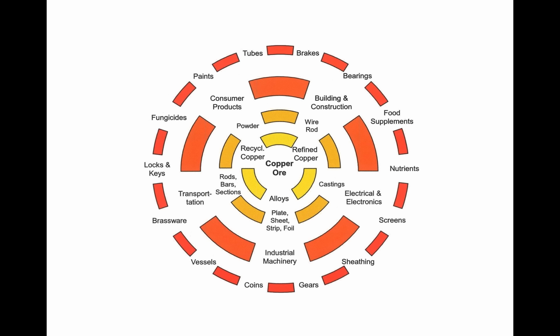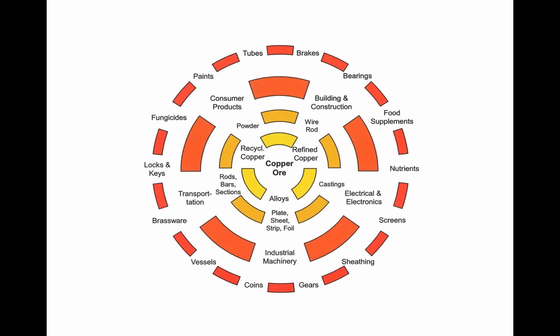Well, let's look at it a little further. The copper also goes into paints, tubes, brakes, bearings, food supplements, nutrients. We all need copper in our vitamins or in our food. Screens, sheathing, gears, coins. Look at your coinage in your pocket.